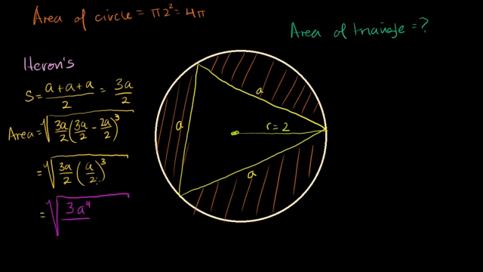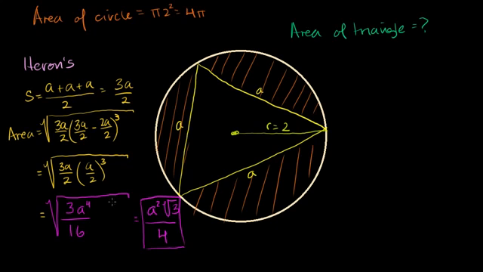Well, that's 2 to the fourth power, or 16. Right? 2 times 2 to the third is 2 to the fourth. That's 16. And then if we take the square root of the numerator and the denominator, the square root of a to the fourth is a squared, times the square root of 3, over the square root of 16, which is just 4. So if we know a, using Heron's formula, we know what the area of this equilateral triangle is.